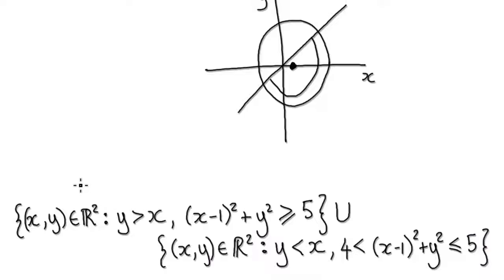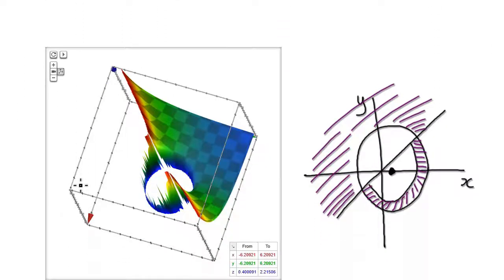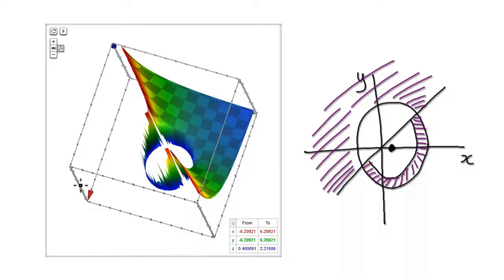Okay, and then let's compare this to our original surface. So you've got the circle here. So this is our diagonal line here, y equals x. Don't forget the origin is somewhere around here. This is our x-axis. This is our y-axis.